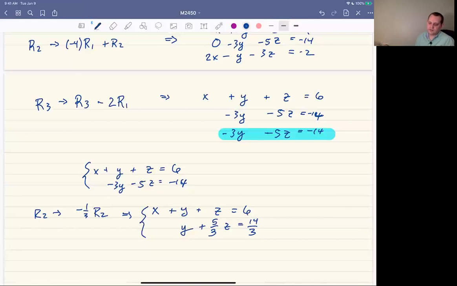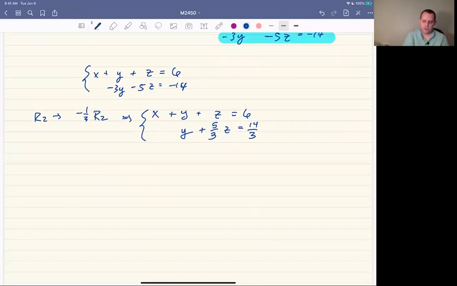Then we have just one more step. I'm going to take minus row 2, add it to row 1, and that'll be our new row 1. Row 1 we can simplify a little bit; we can get rid of this y term.